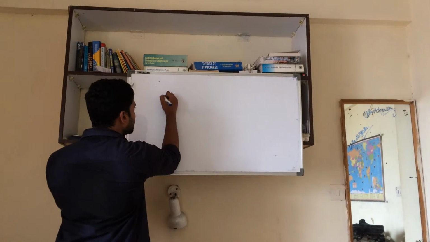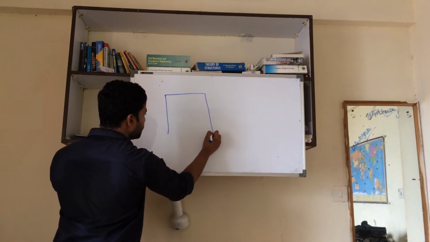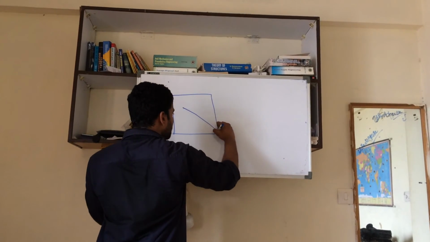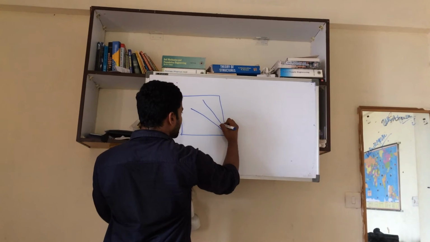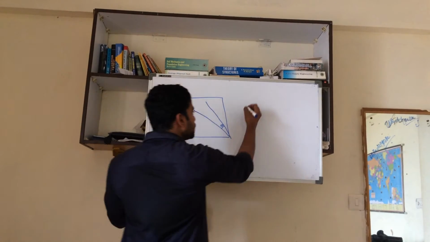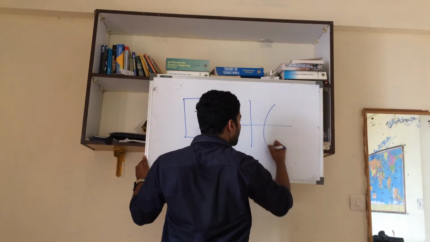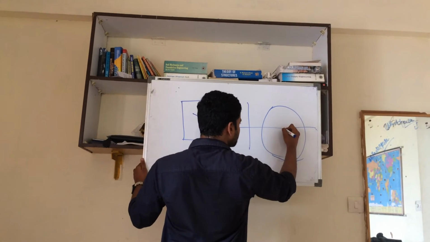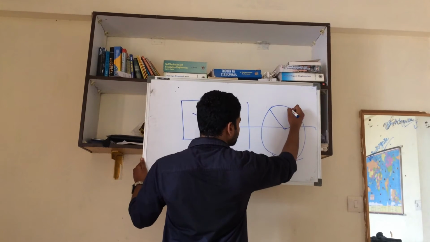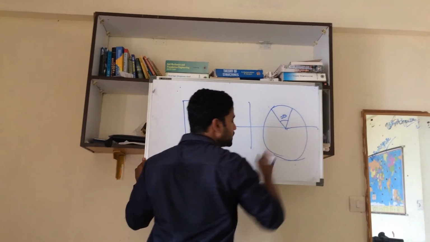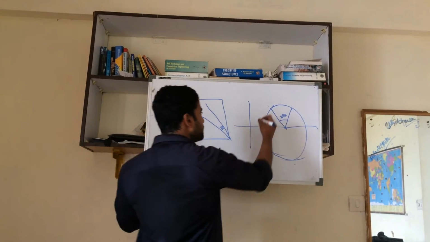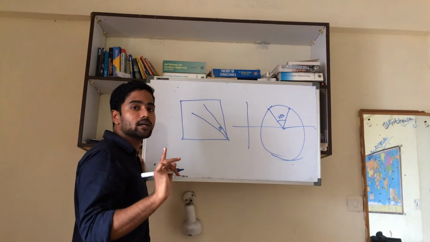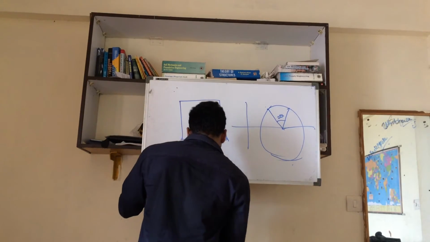Another property is that if two planes are making an angle of theta degrees, then in the Mohr circle these two planes will make an angle of 2 theta with respect to the center. This is one of the important points which can be asked in objective questions.